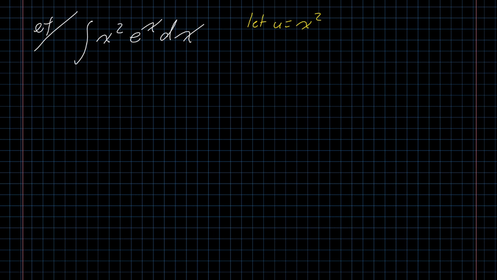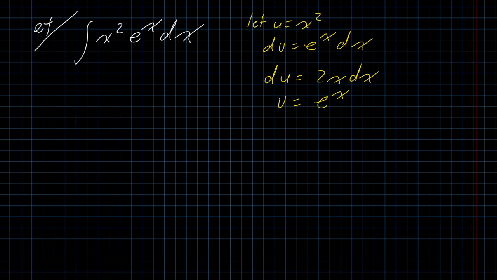It's definitely going to be in our best interest to let the polynomial be u, and then the exponential will fill in our dv. Because by doing that, we end up with a simpler polynomial as du, and well, the integral of e to the x is just e to the x. There's not a lot going on there. That definitely makes our lives easier.